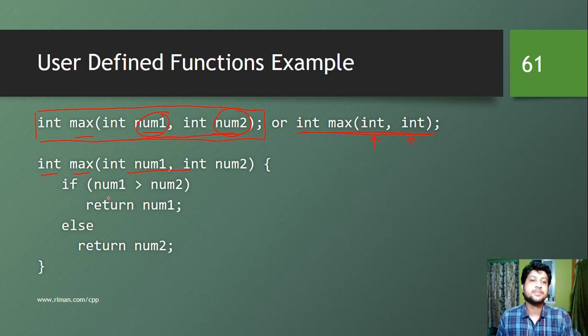We have checked if number one is greater than number two, we return number one, else we return number two. This will be easier to understand if you have knowledge about C. That's why I said in the prerequisites of this course that you must have some knowledge about C programs. I'm not going into details about this because you have learned all of these things in C programs.